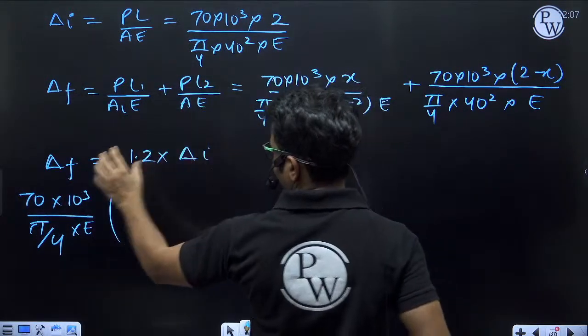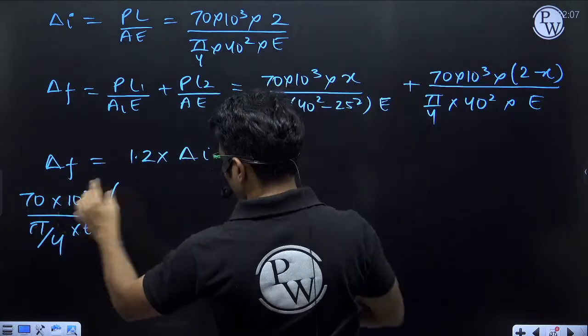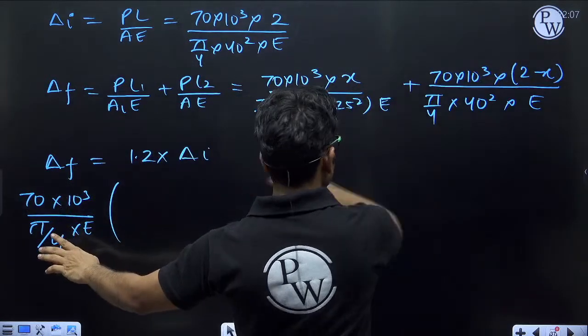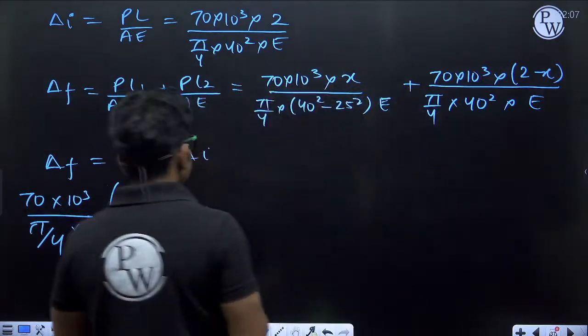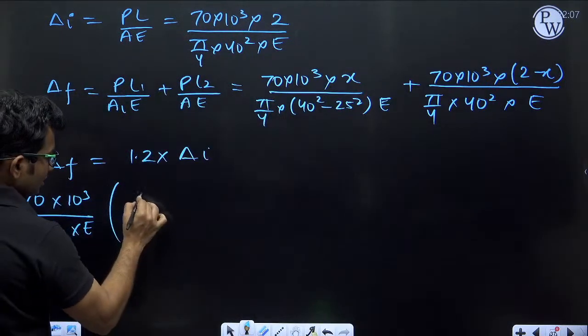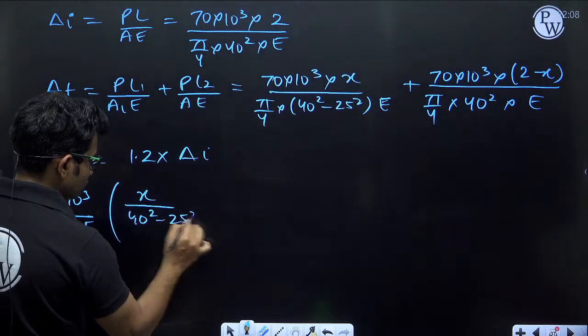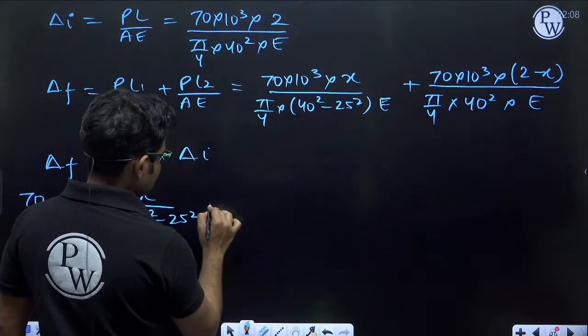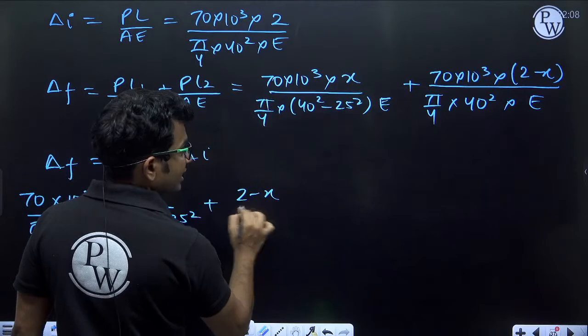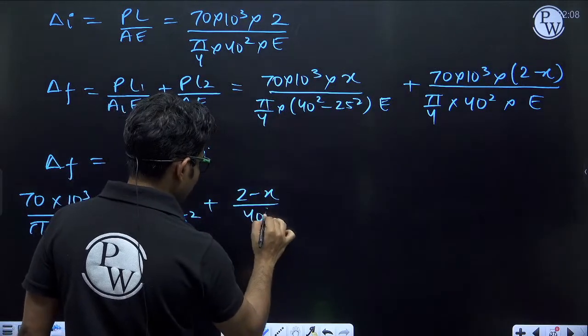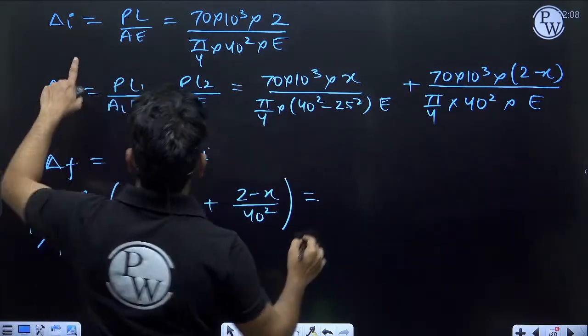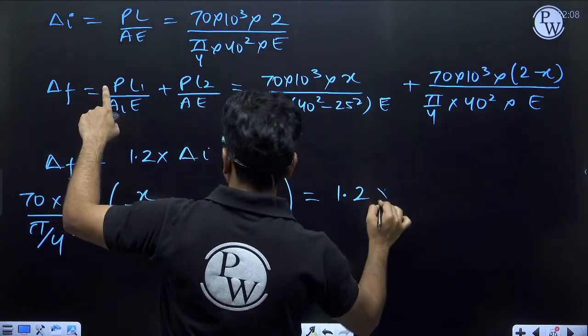Pi by 4 is common, E is common. What is remaining here? It is x upon 40 square minus 25 square plus 2 minus x upon 40 square. That will be equal to 1.2 times delta initial.